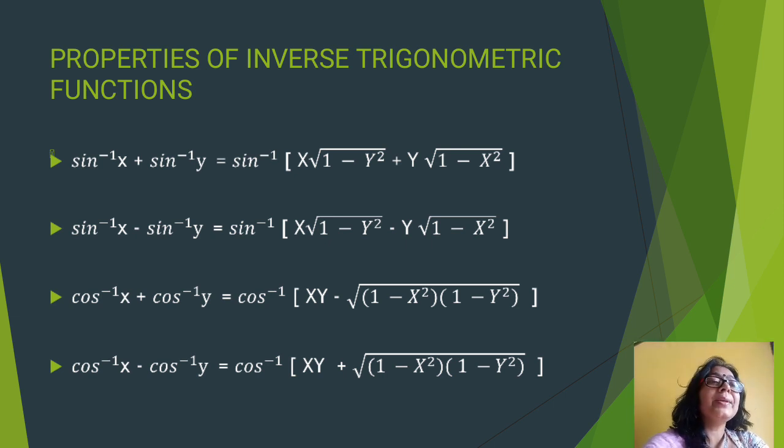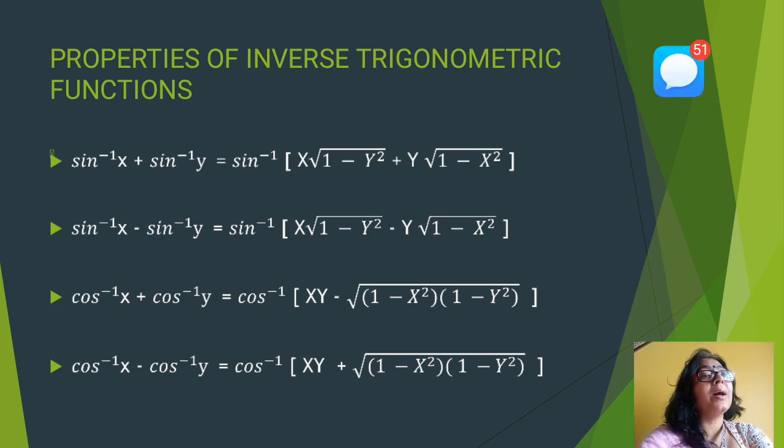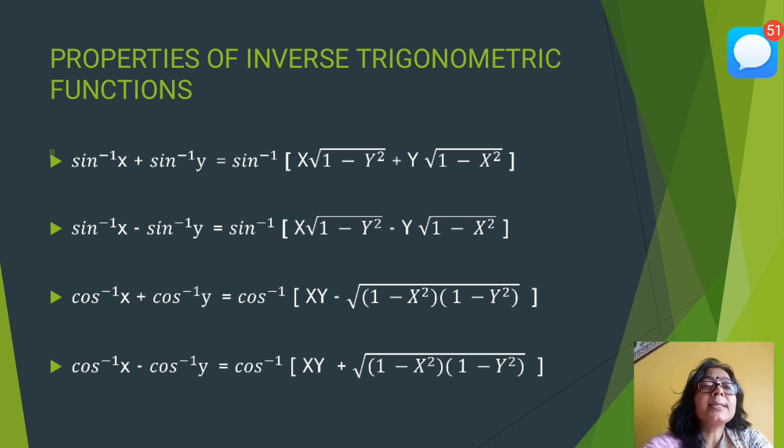Next formula is with cos inverse x plus cos inverse y. This is equal to cos inverse in bracket xy minus under root 1 minus x square into 1 minus y square. Next is cos inverse x minus cos inverse y, which is also the same way.